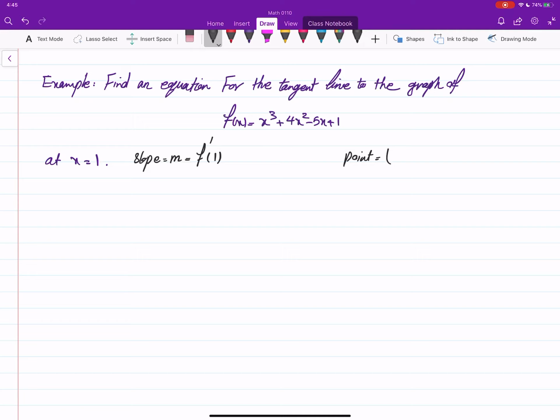In the case of the tangent line, the first component is the value of x, and the second component is f at 1. So f at 1 is 1 cubed plus 4 times 1 squared minus 5 times 1 plus 1. This gives us just 1. And the point that the line passes through is (1, 1).